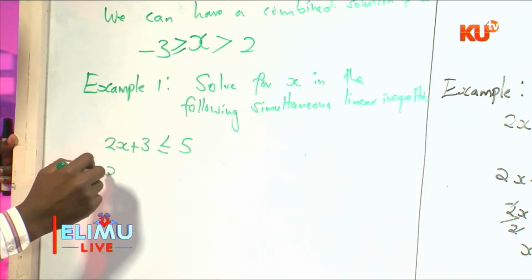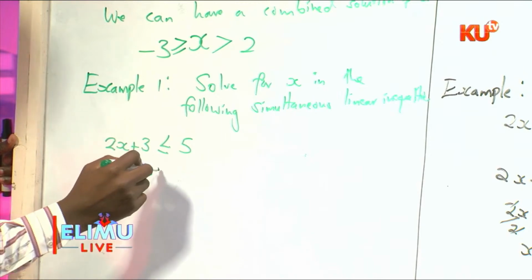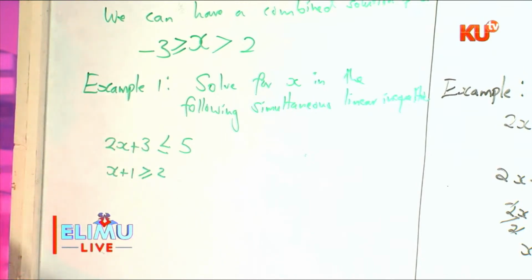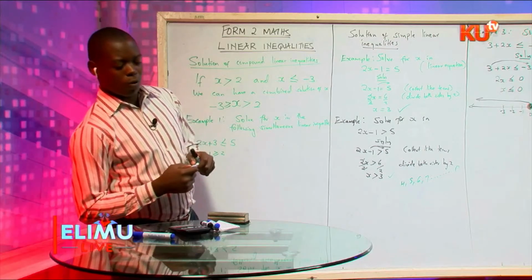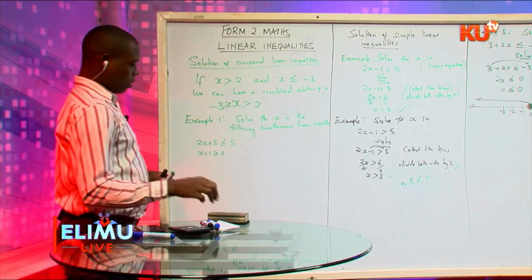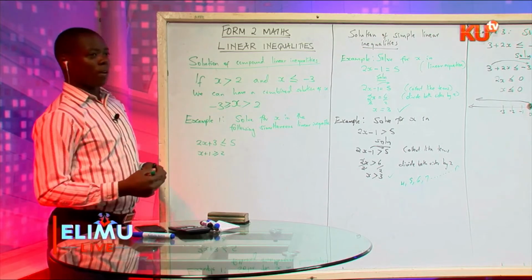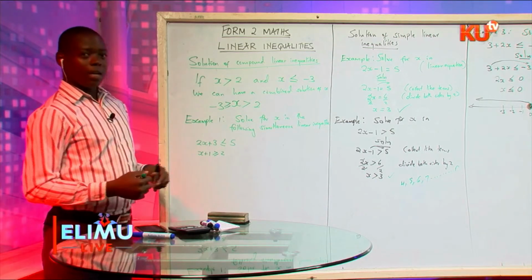And then another inequality is x plus 1 greater than or equal to 2. These are two inequalities. They are forming what we call the simultaneous linear inequalities that we need to solve and determine the values of x.